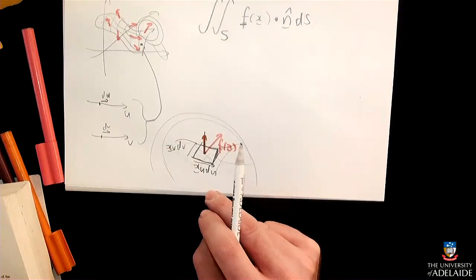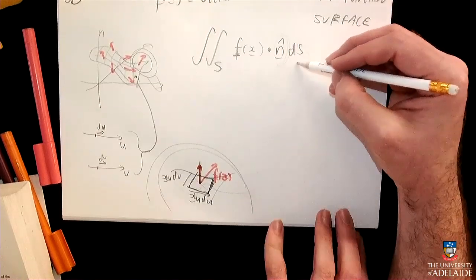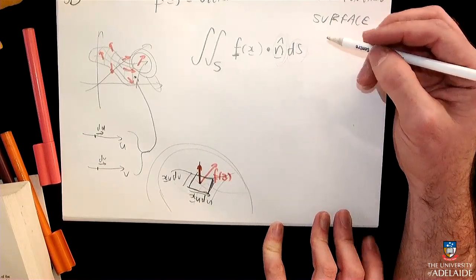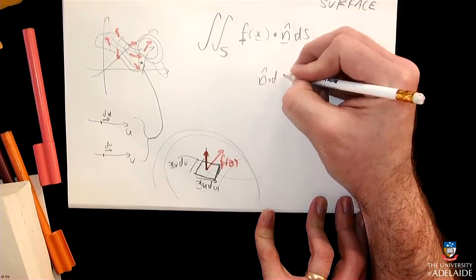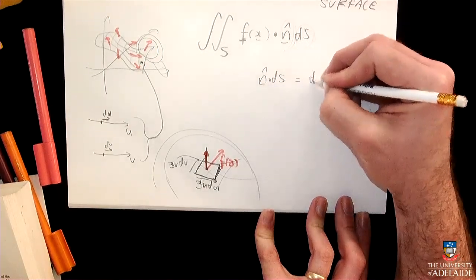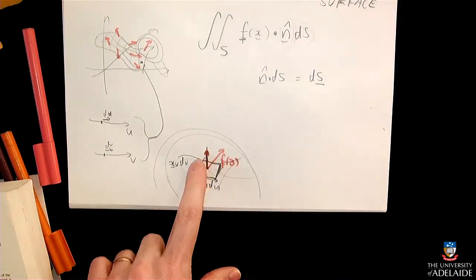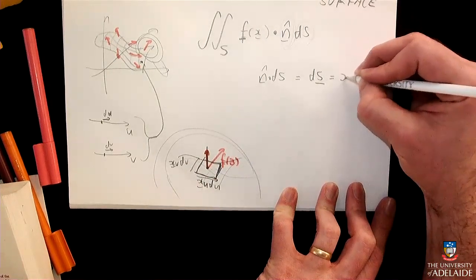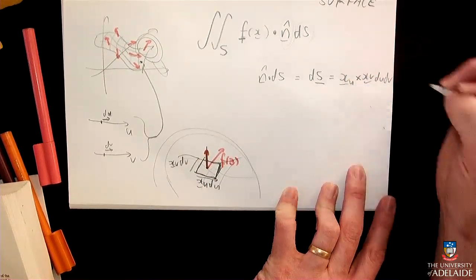And so it turns out that a vector that's perpendicular to this plane, which is the area long, will be the actual cross product. So we're going to say that this n hat dot ds is going to be called ds. It's a vector version of this little piece of plane. And that's what it means.